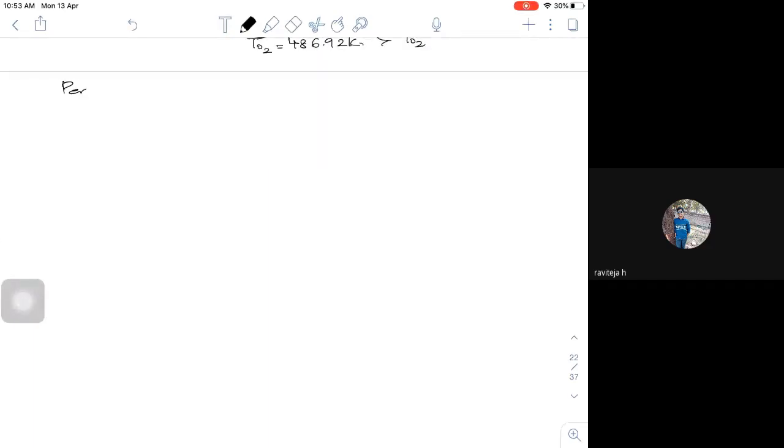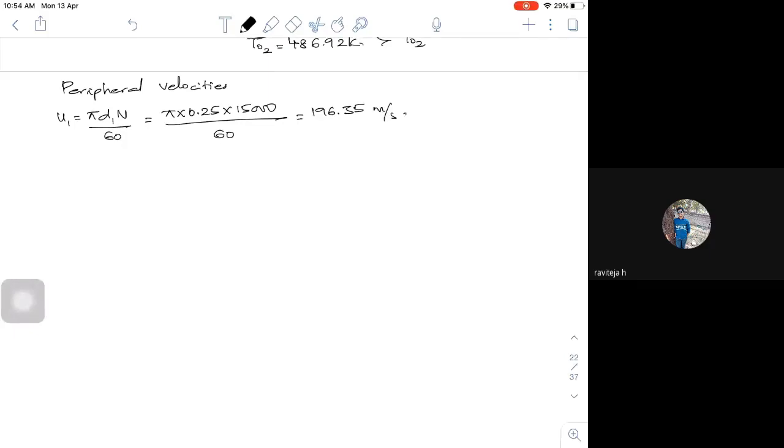So the peripheral velocities at inlet and exit, that is U1 is equal to pi D1 n by 60, equal to pi into 0.25 into 15,000 divided by 60, which we put in the calculator, which is 196.35 meters per second.